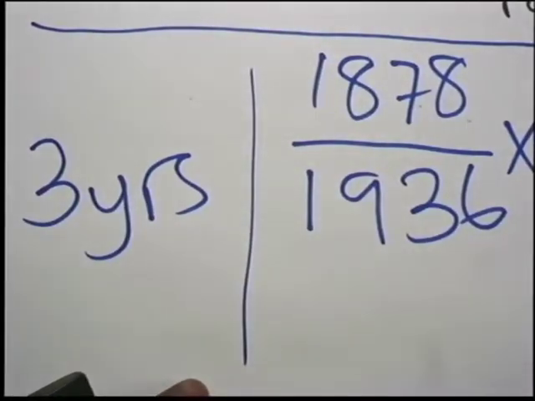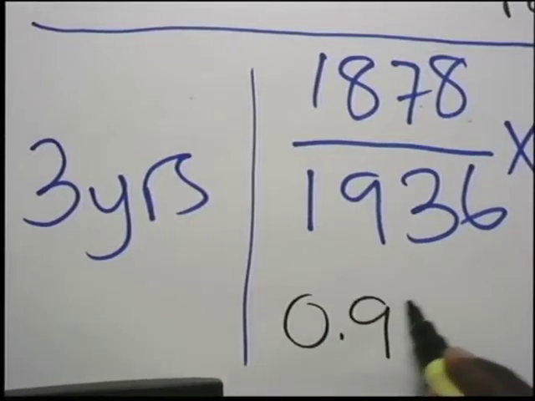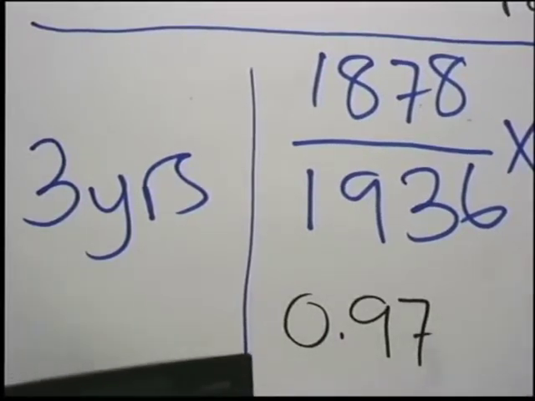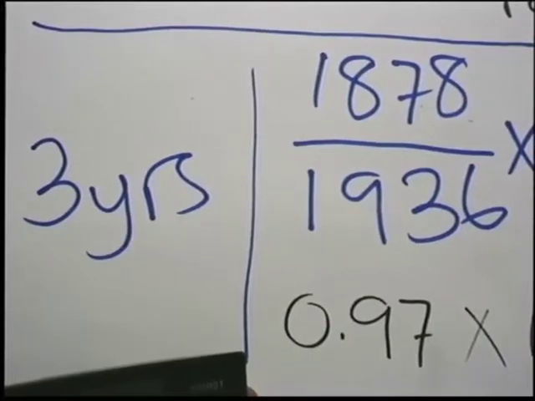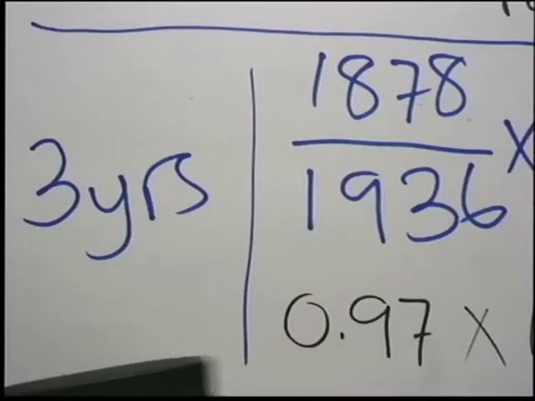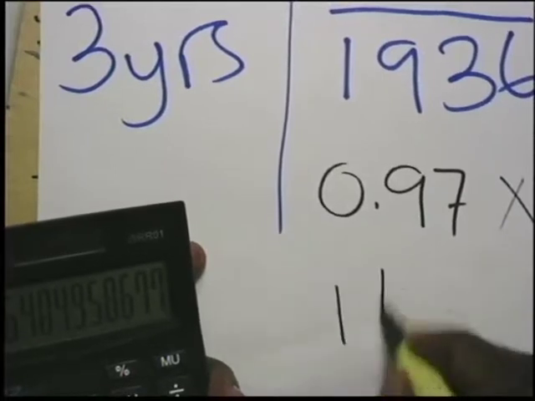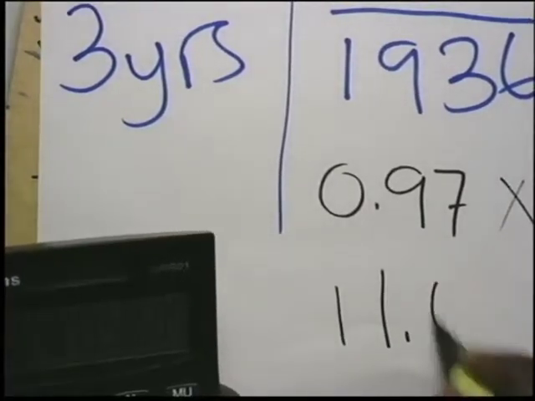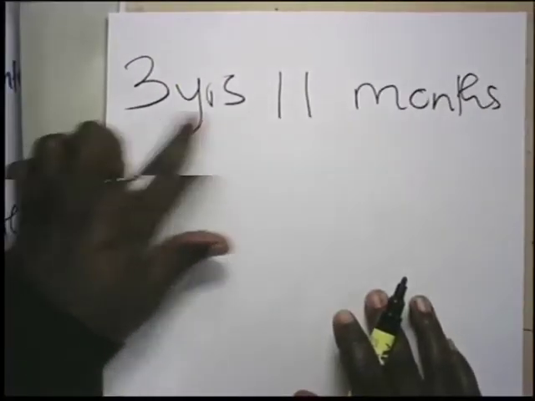This will give us 0.9700. Let's ignore the zeros. Then we shall multiply this by the 12 to get the months. Our answer should be in months here, right? Multiplied by 12. What do I get? I'll get a figure of 11.64. So our payback period is 3 years, 11 months.